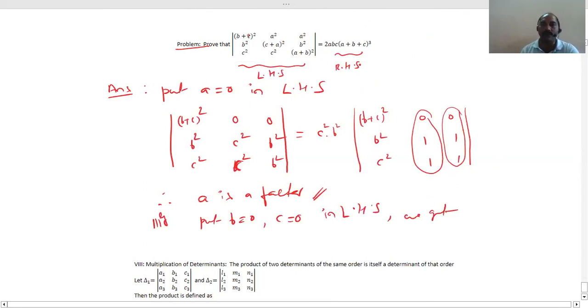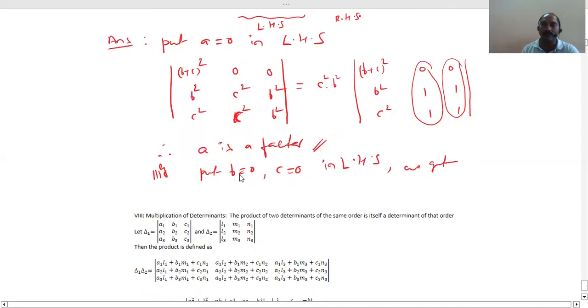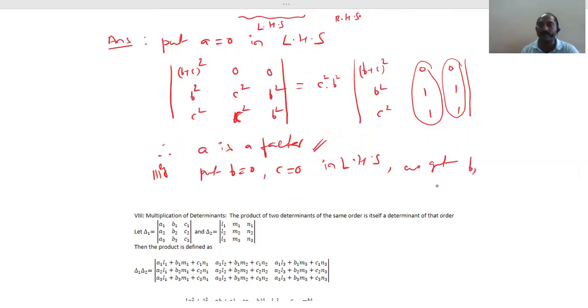B equal to 0 means first row c square, a square, a square, 0, c square, c plus a whole square, 0 square, 0, c square, a square. Just like previous time, you take a square and c square from common, we get two columns are parallel when we substitute b equal to 0. Therefore, b is a factor. We get b and c are factors.